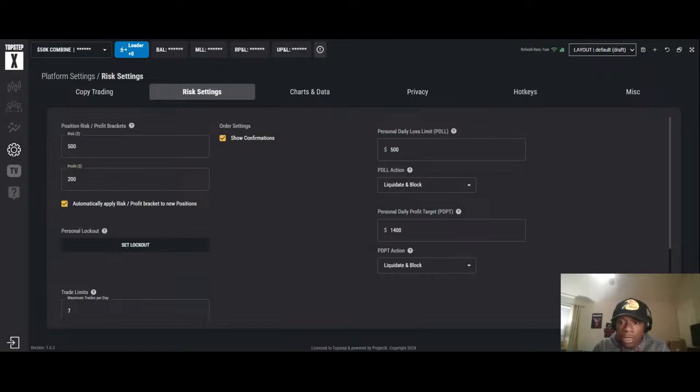All I do is click buy. As soon as I see it close on TradingView, I just click buy, and Topstep X automatically sets my risk to 500 and sets my profit to 200. I don't have to do it. You're not wasting any time. You don't even need a limit order.